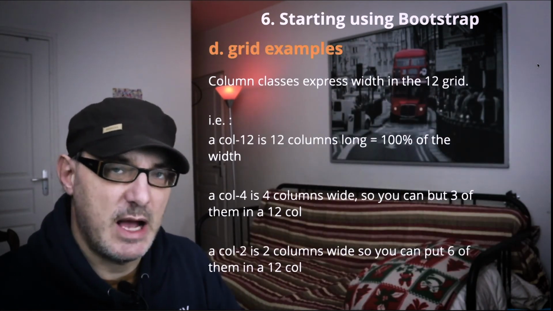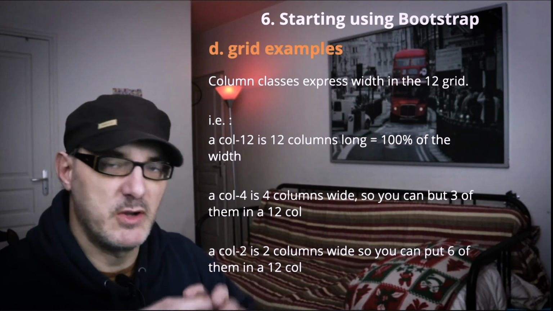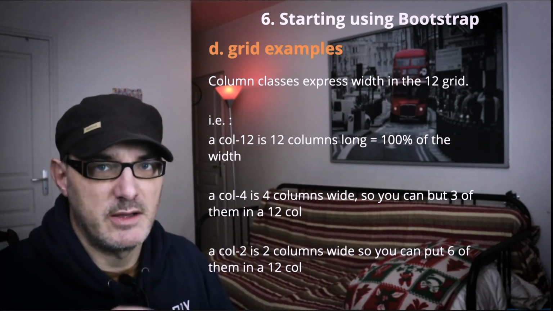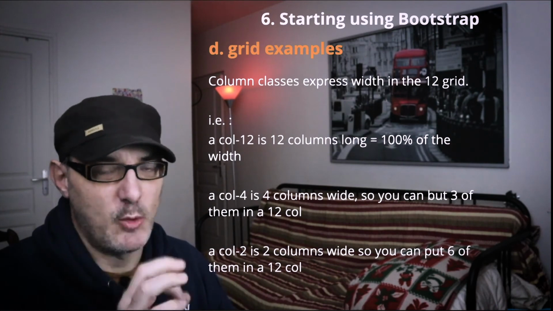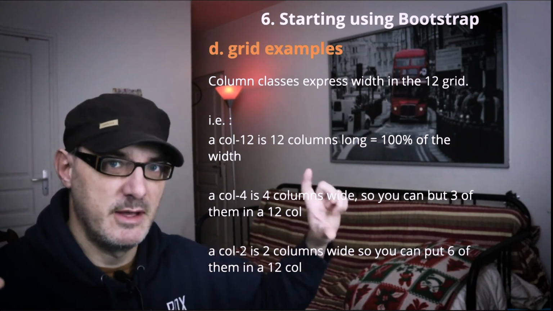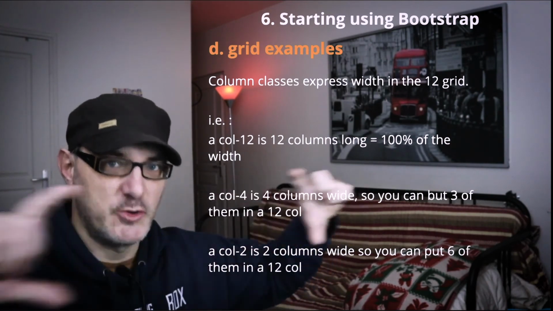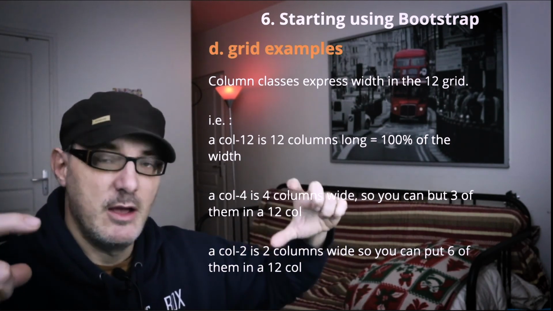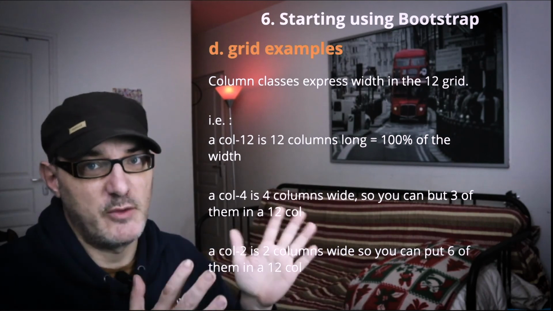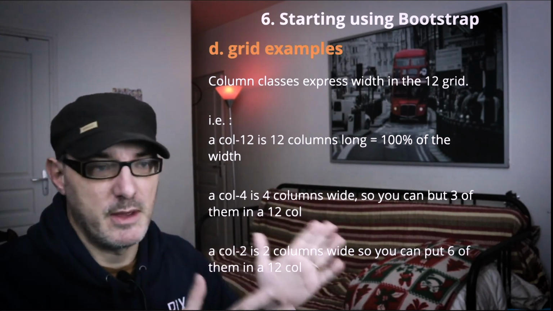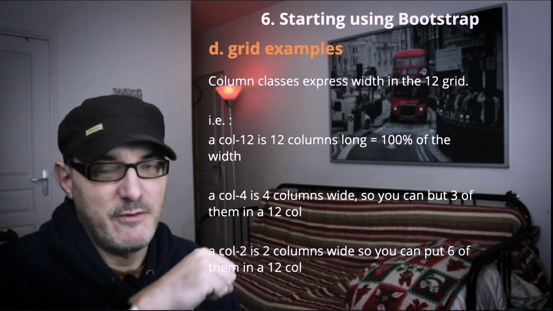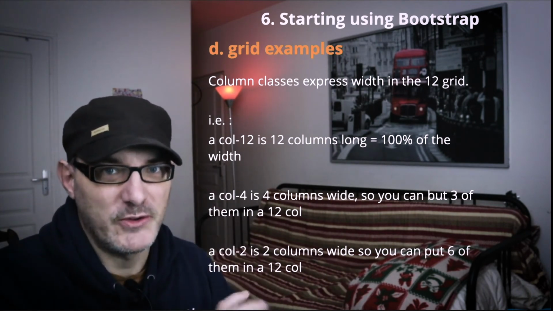In terms of how this works, because it's a 12 grid, if you give the class col-12, that will end up being a full width column. So it has 100% of the width of the row it's in. A col-4 will have 33% of the width, a third of the width, and so we can put 3 cols. In 12, you can put three 4s.